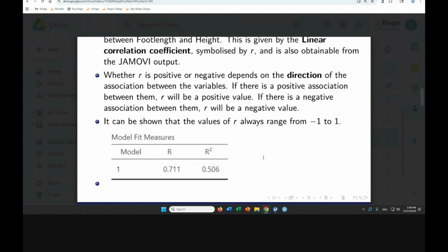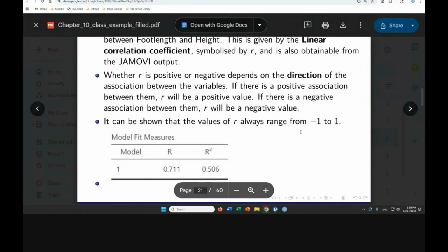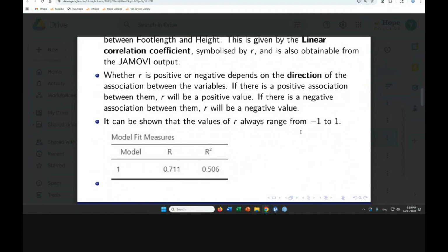It can be shown that values of R can only range from -1 to 1. I am not going to show it in this class because the math will blow your mind. It is quite difficult to show. R is trapped between -1 and 1.